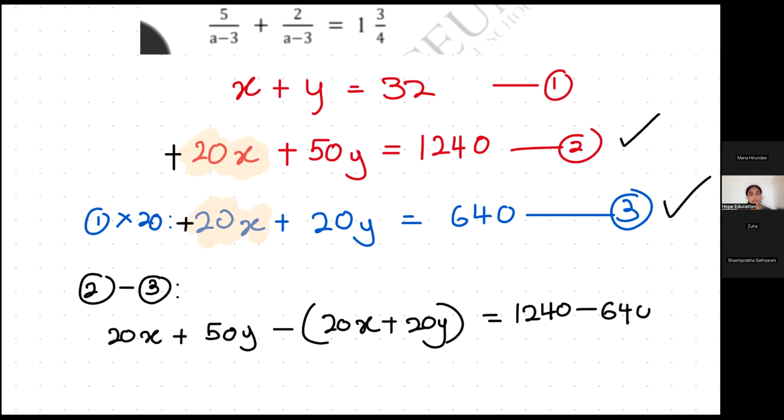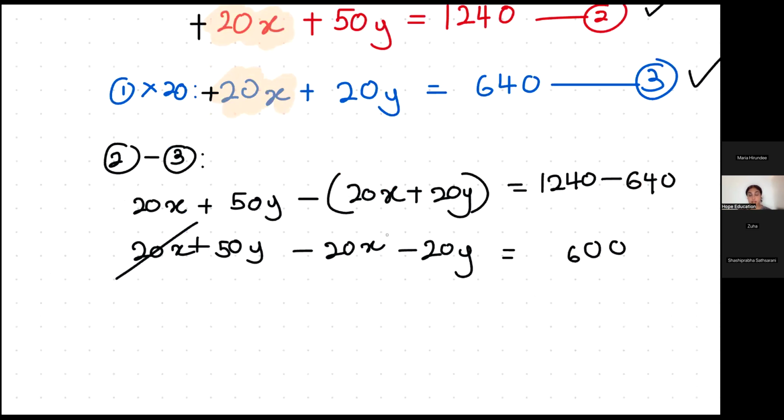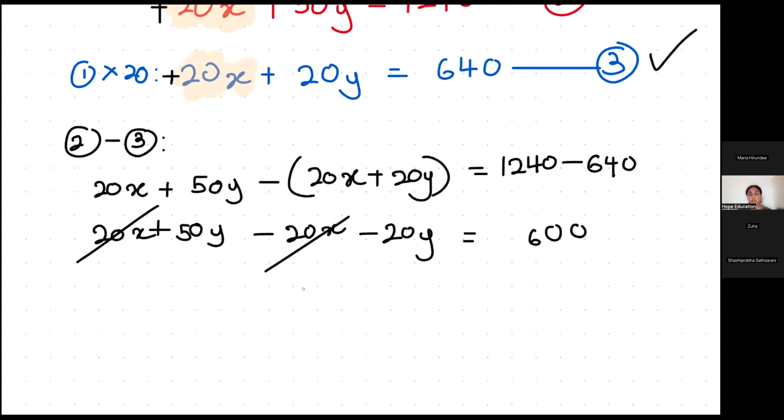So 20x plus 50y, minus times plus is minus 20x, minus times plus is minus 20y. Subtracting 640 from 1240 gives 600. So plus 20x minus 20x gets cancelled. 50y minus 20y is 30y equals 600.